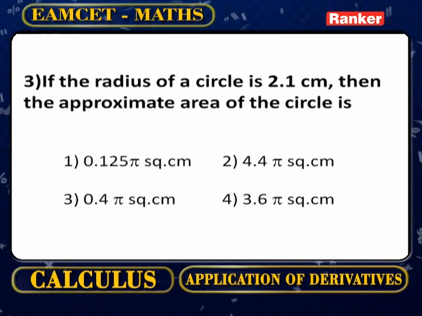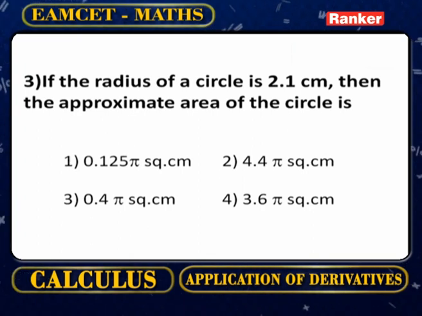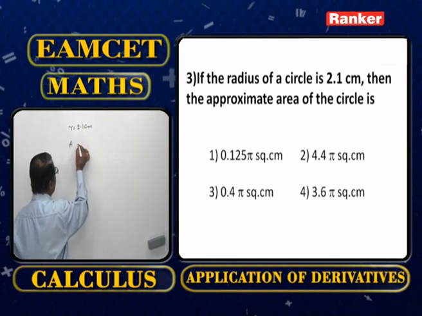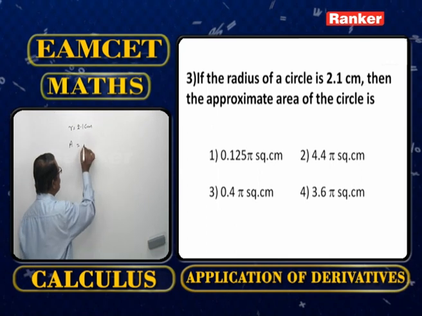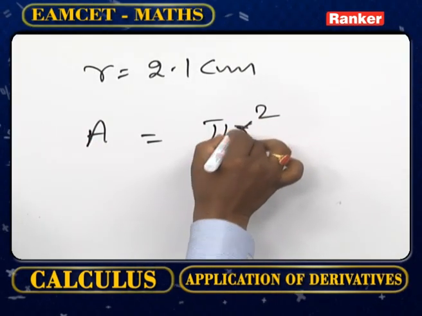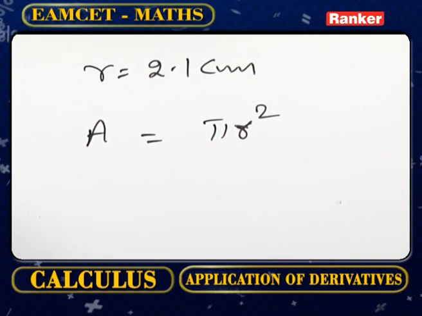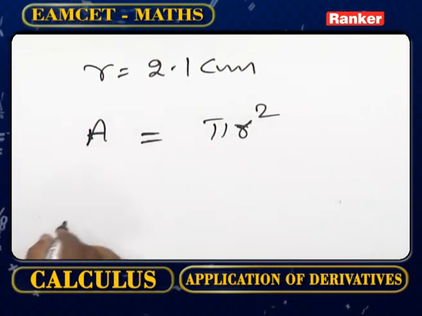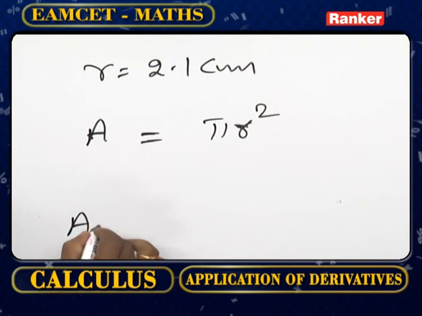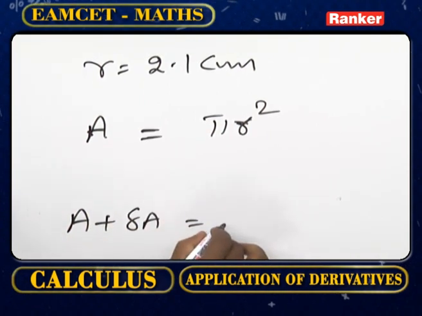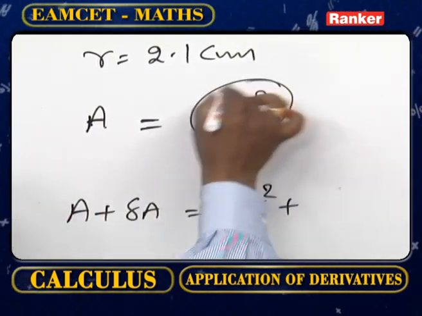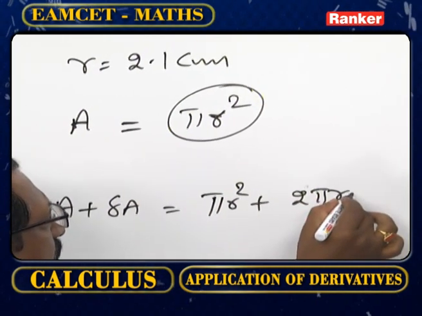If the radius of the circle equals 2.1 centimeters, then find the approximate area of the circle. Consider area A and radius r, then A equals pi r square, the formula for the area of a circle. Now for the required approximate area, A plus delta A equals pi r square plus the derivative of pi r square, 2 pi r, into delta r.